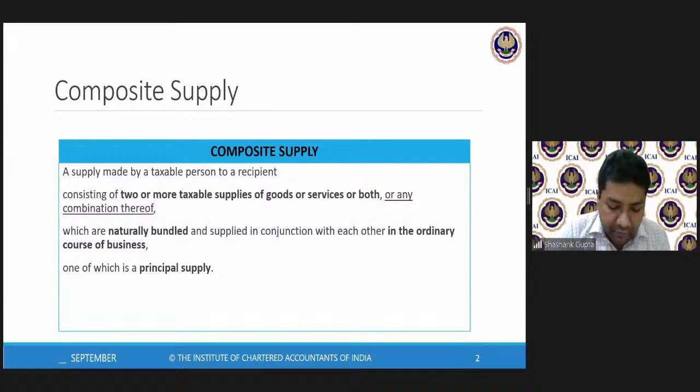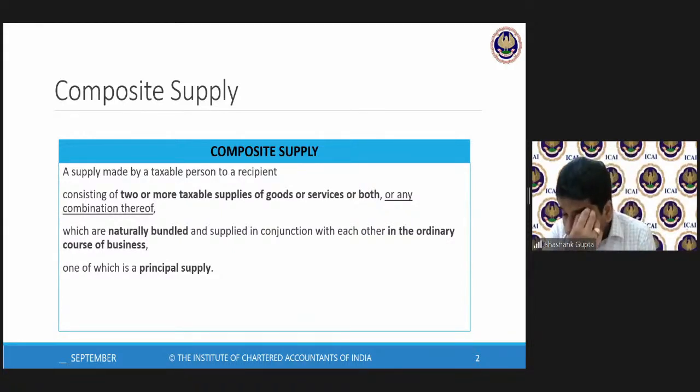So this is a brief summary of all we have discussed as part of our class 1. Now in our class 2 today, we are going to progress on our discussion and we are going to discuss composite supply, mixed supply, and actionable claim.